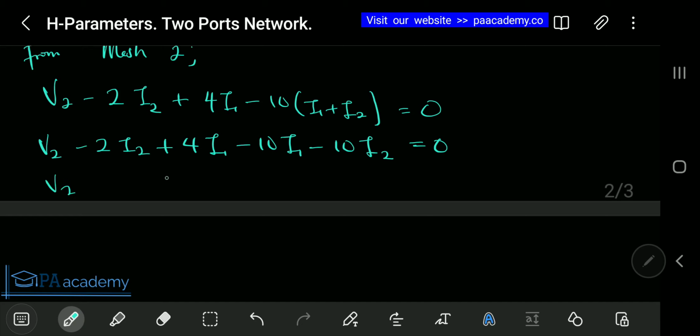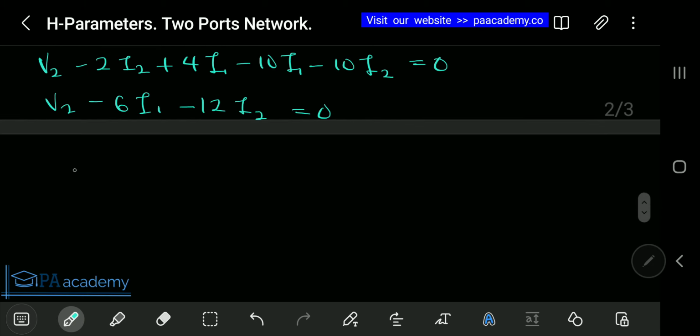We are having V2, this is plus 4I1 minus 10, now that will be minus 6I1. For I2, that will be minus 12I2 equals to 0. So if we should rearrange it, that will be V2 will then be equals to 6I1 plus 12I2.